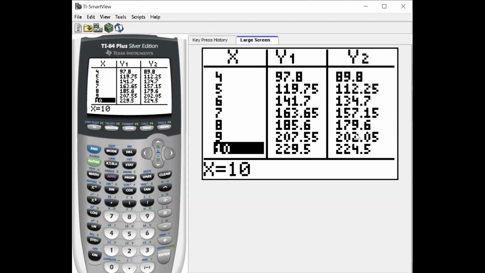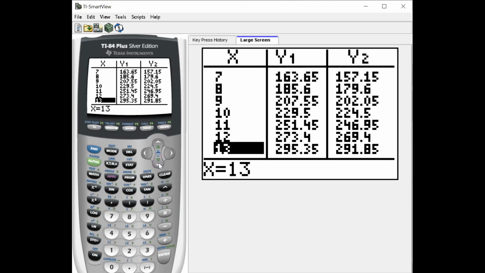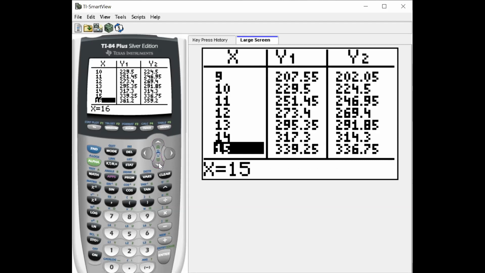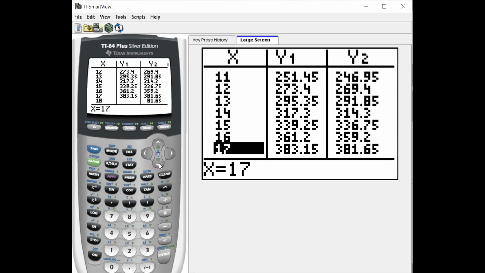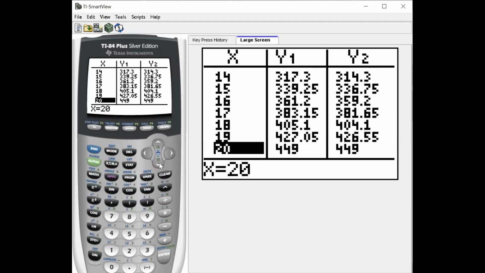So y1 is larger than our y2. They're getting close. Oh, hey, there we go. Here's where they're exactly the same after 20 months.